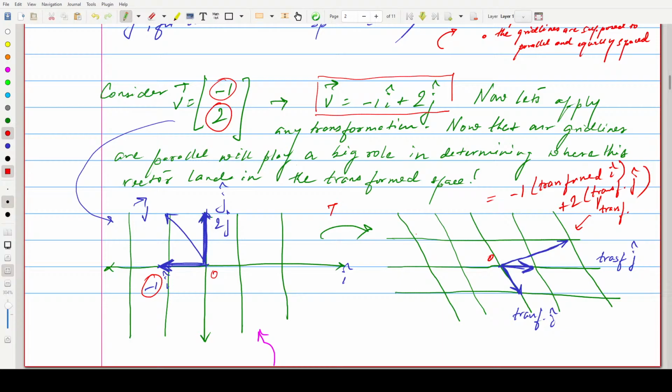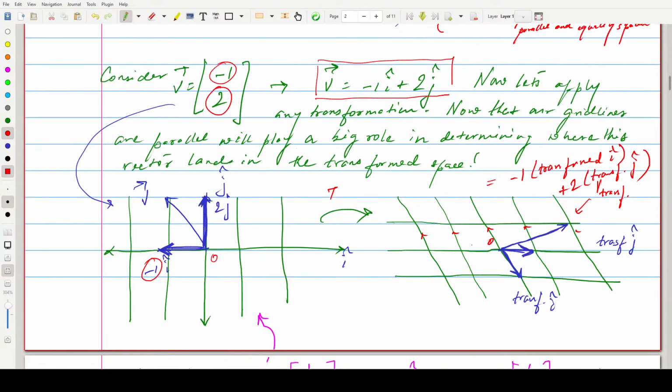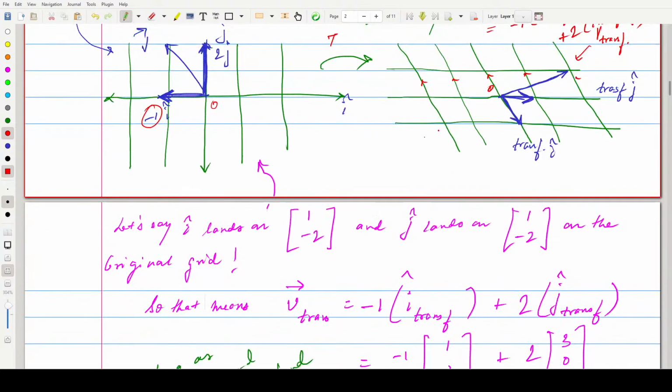But the key point is that the origin doesn't go anywhere, and the grid lines remain parallel and equally spaced. If we apply T, we get a transformed j vector, which happens to be flipped onto its side, and a transformed i vector, which is flipped onto its side again.